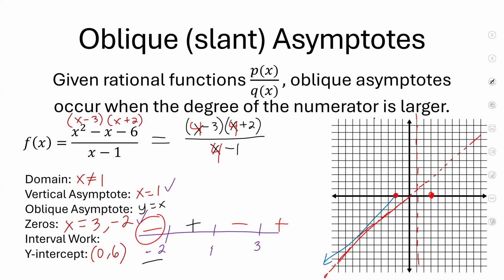Between -2 and 1, I have to be positive, so I'm going to go up. At 1, between 1 and 3, I have to be negative, so I have to be down here. But once I get to 3, I'm going to become positive, so I'll be up here. So that is what your graph looks like.